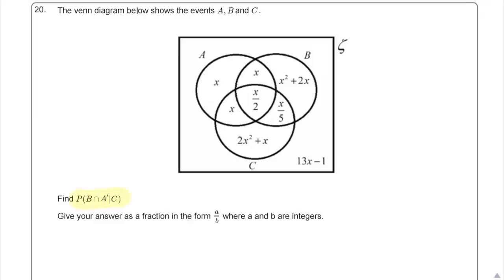So the probability that B intersects not A, that's what that A dash means, given C. So this is conditional probability. Because we've got this given C, that means we're looking at everything within C. Okay, so this is all of C that I've highlighted there.